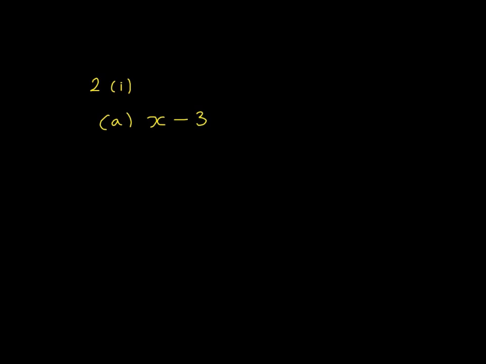So the two terms will be represented as x and minus 3. Now factors of x will be x only, and factors of minus 3 will be written as minus 1 into 3.